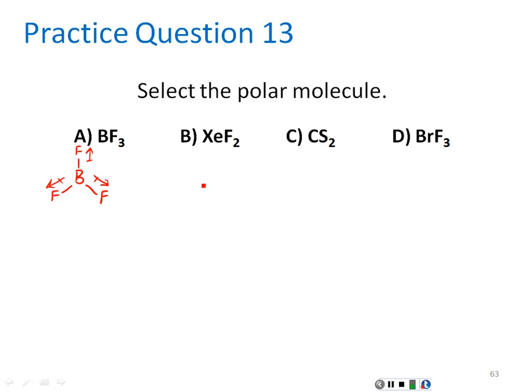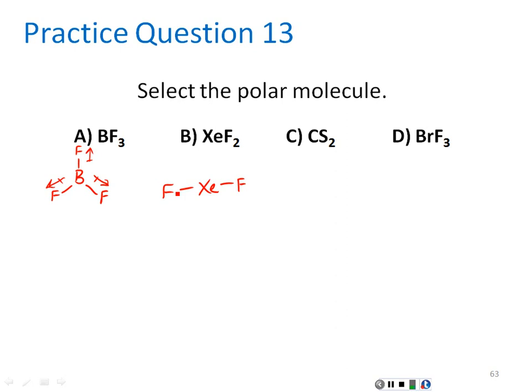Now, if we look at xenon difluoride, this is an example of an expanded valence. So let's draw this Lewis structure together. Xenon has 8 valence electrons, fluorine has 7 each.